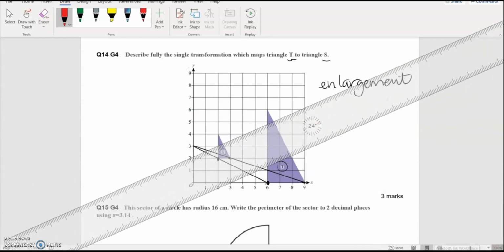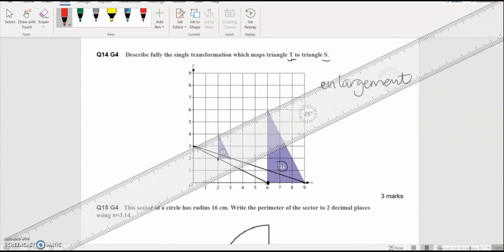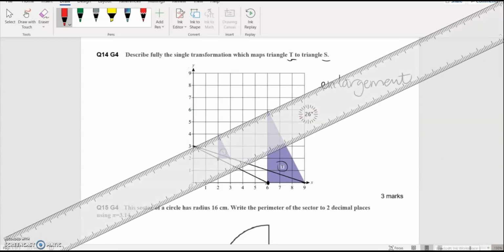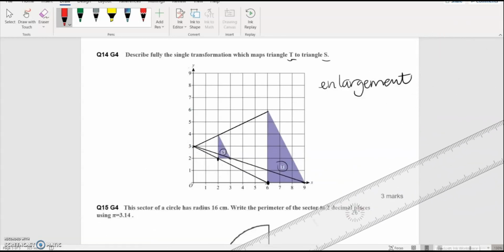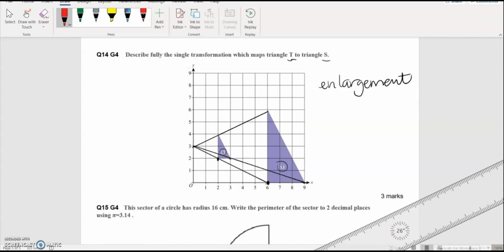And the other 2 similar corners, as you can see, if we extend the line, we get this point. So this is the center of enlargement.